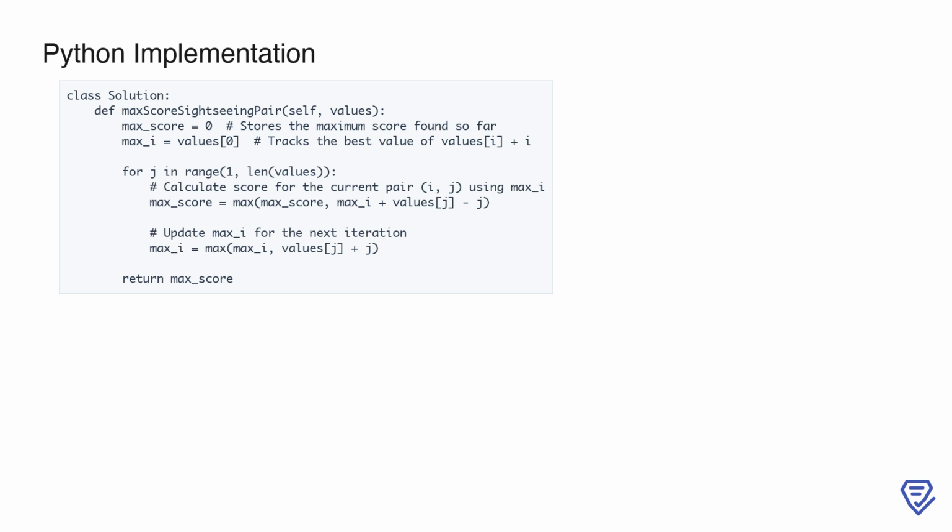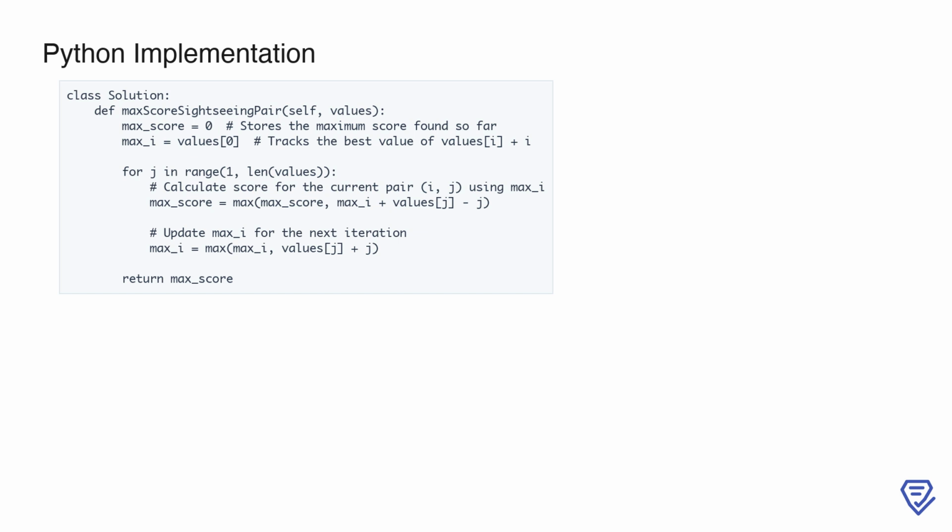If this score is higher than the current max_score, we update max_score. 4. Update max_i. We update max_i to ensure it always contains the maximum value of values[i] + i up to the current index. This ensures we have the best possible i for any future j. 5. Return the maximum score. After iterating through the array, we return max_score as the result.